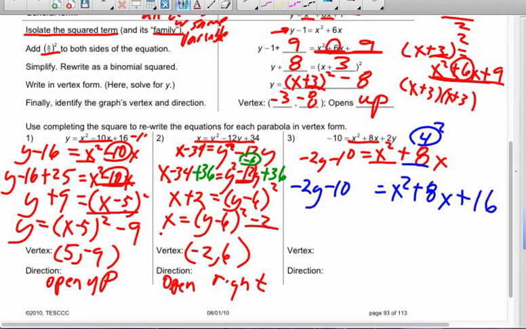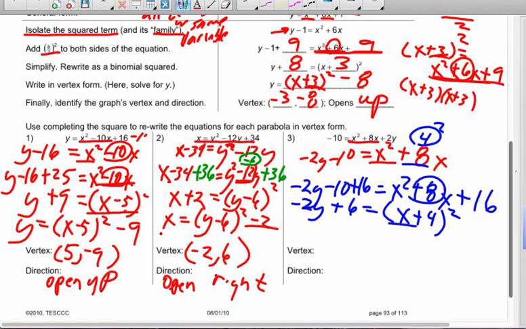Because I added 16 over here, I need a plus 16 here. And now I'm going to end up with a negative 2y plus 6 equal to x, and then you've got half of this term, which is 4, the x plus 4 squared. If you're having a problem with this, expand this out, and you'll see we're going to end up with this thing again.